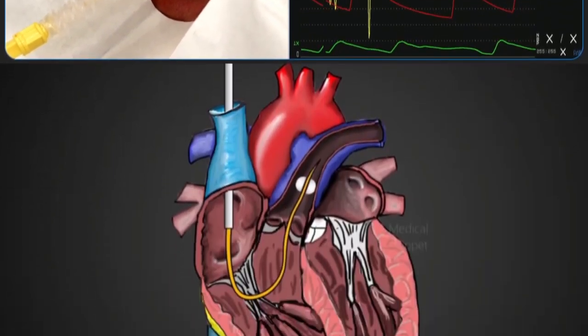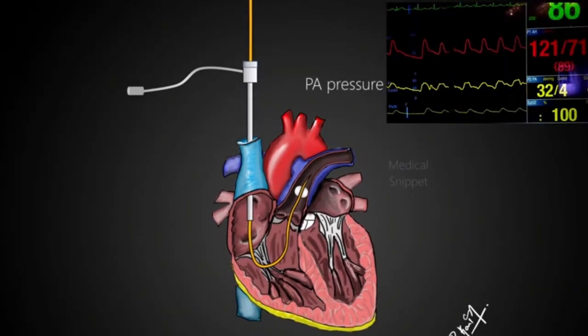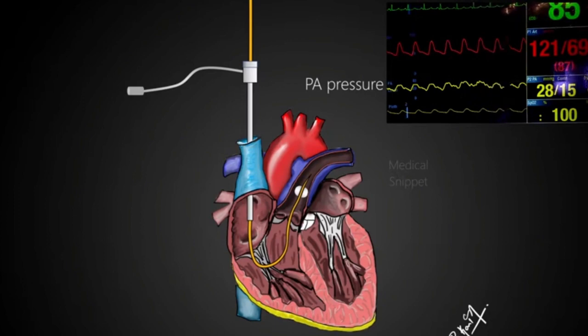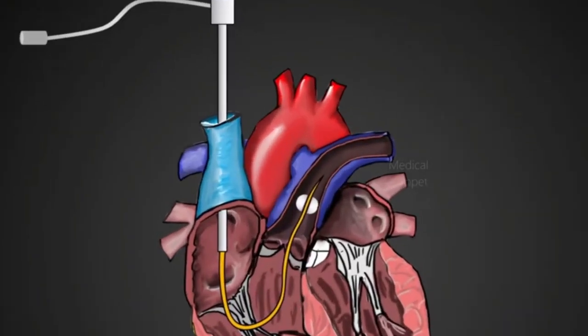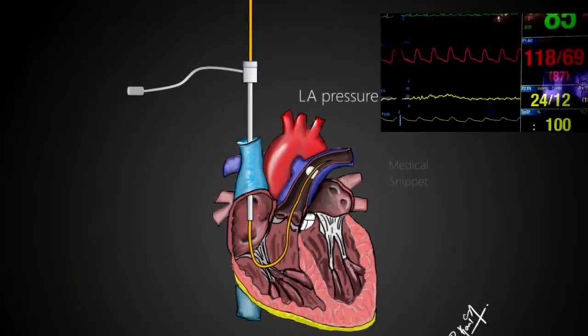When we insert the pulmonary artery catheter, if we push it further while the balloon is inflated, the objective is to wedge the balloon. Once it wedges in the distal pulmonary artery, it gets your pulmonary capillary wedge pressure.